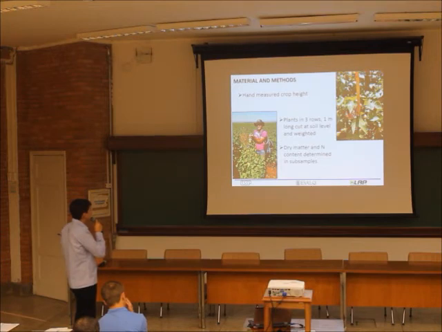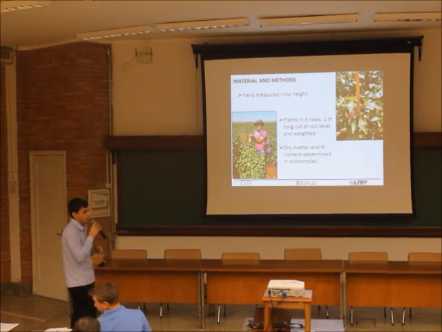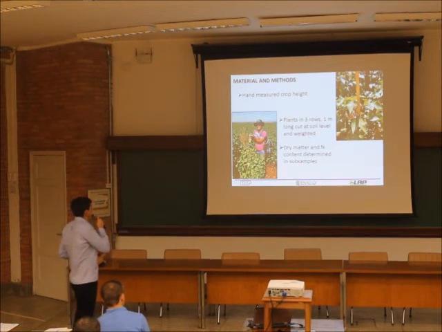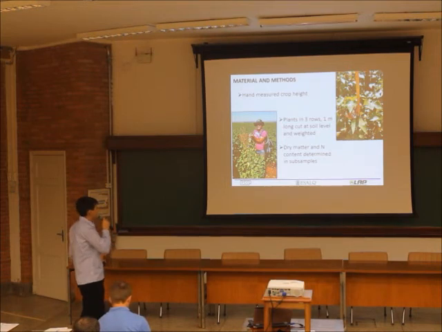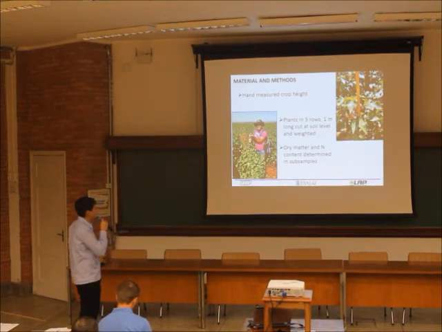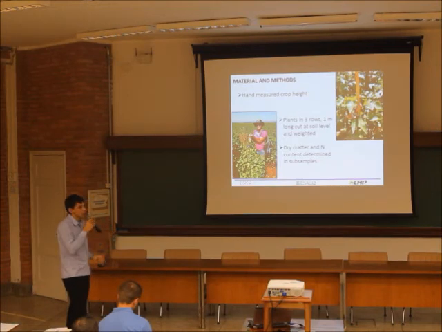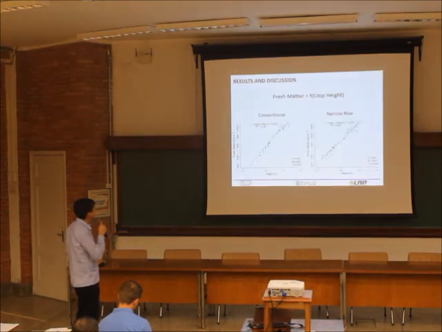In each point, we hand measure the crop height to compare with the ultrasonic readings and also the other sensors. And we cut all the plants in three rows, 1 meter long each. We weigh it to know the biomass accumulation. Then we send it to the laboratory and we analyze the dry matter, the nitrogen content, and also other macronutrients.